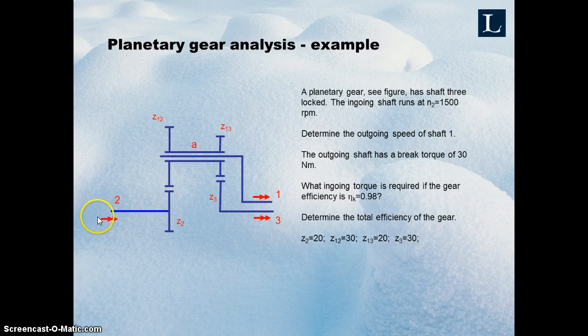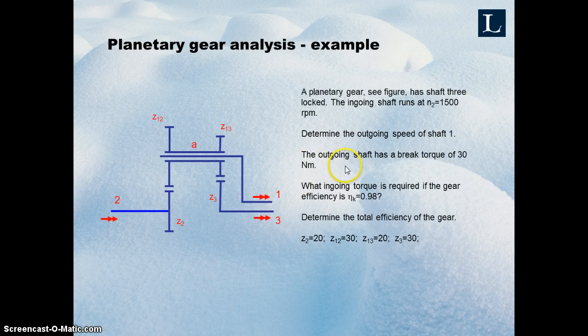We prescribe the positive direction on all the shafts, the first sun wheel and the second sun wheel, and also the rotational speed of the planet wheel, as well as shaft 1. And shaft 1 here is a planet carrier shaft. Remember that that is the shaft speed that we reduce every other speed with.